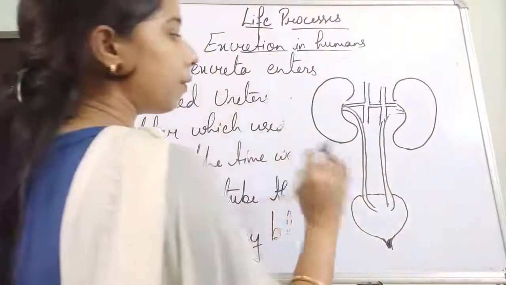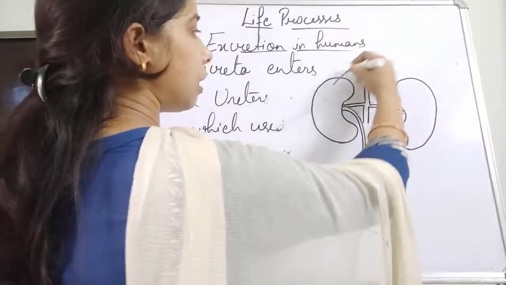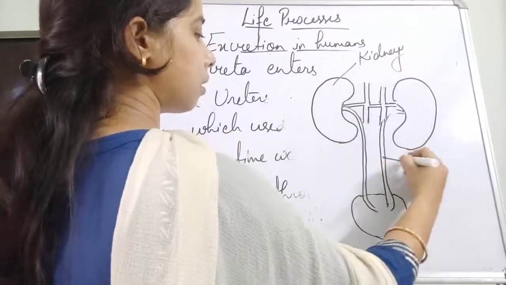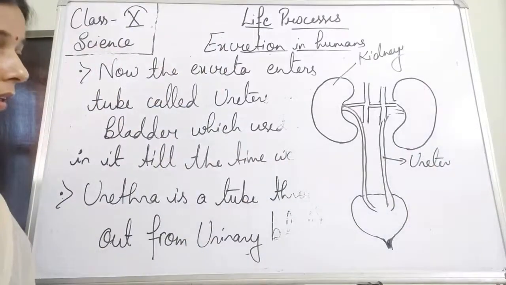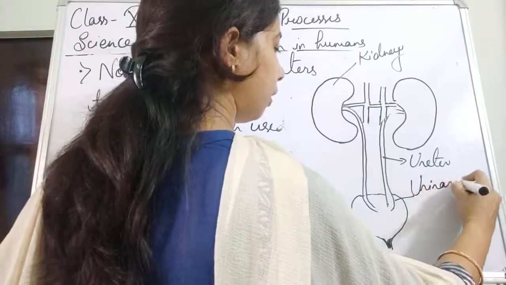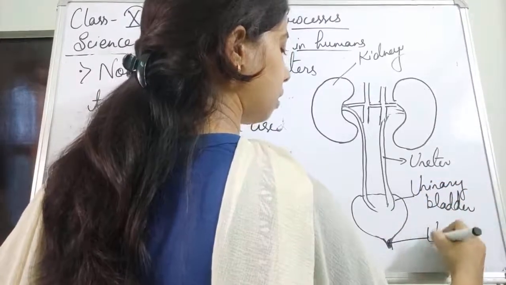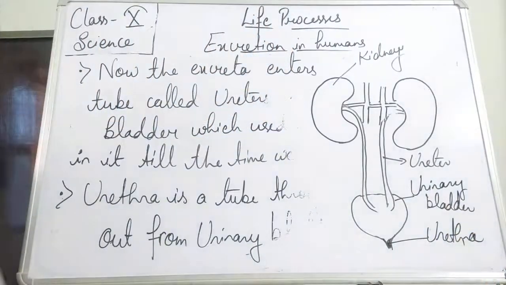So what are the things that we should know here? This is the kidney. This is the ureter. Then this one is the bladder, the urinary bladder. Then it is the urethra, students.